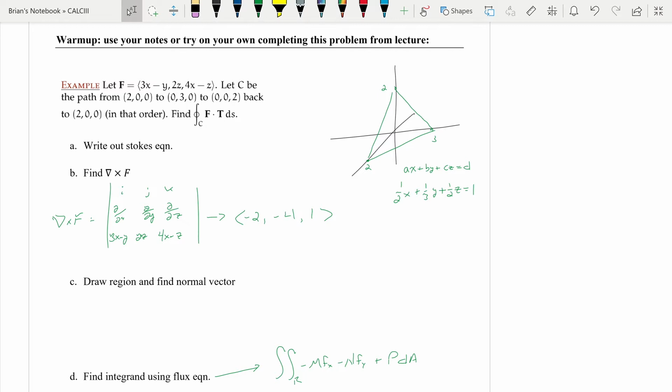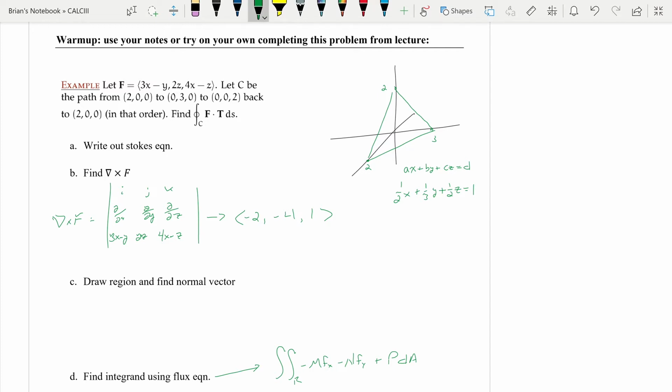You remember, we set the right-hand side equal to 1, like 1 is equal to ax plus by plus cz, and then we set y and z equal to 0. Then we see that it crosses at x equal to 2, so a must be 1/2. So we solved that out and got that equation.